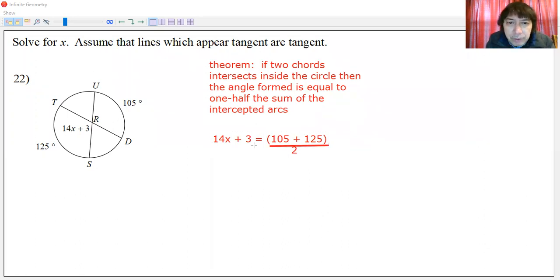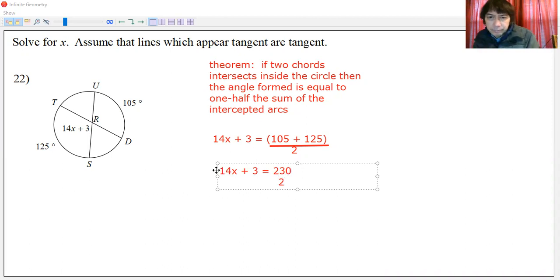So this is our working equation. Solve for x. We still have 14x plus 3. This is now 230 divided by 2.